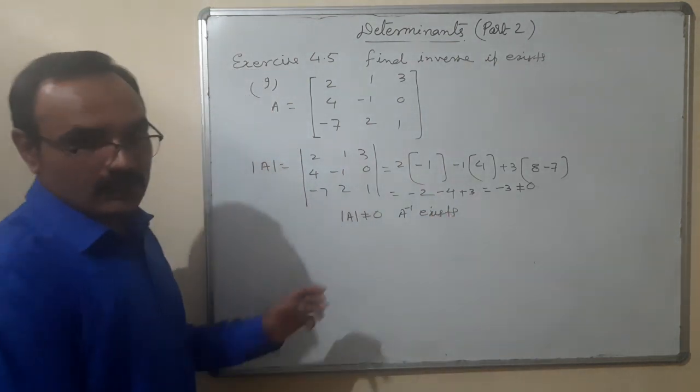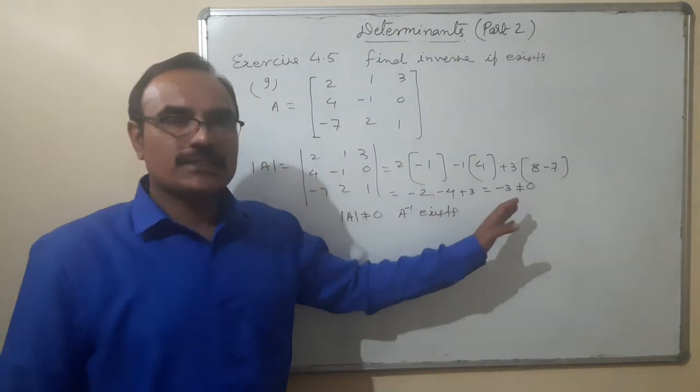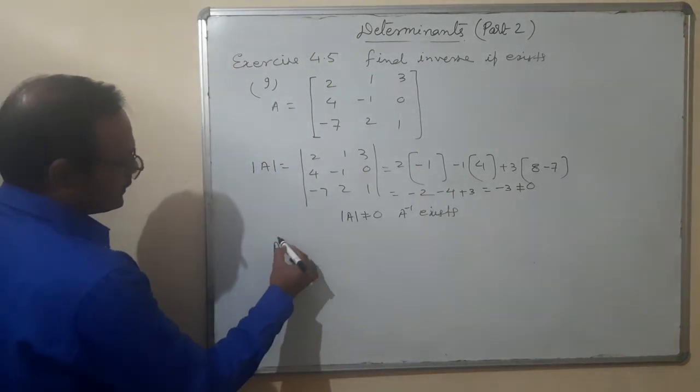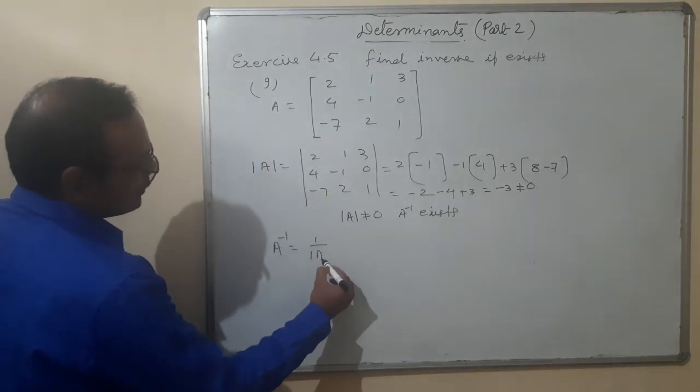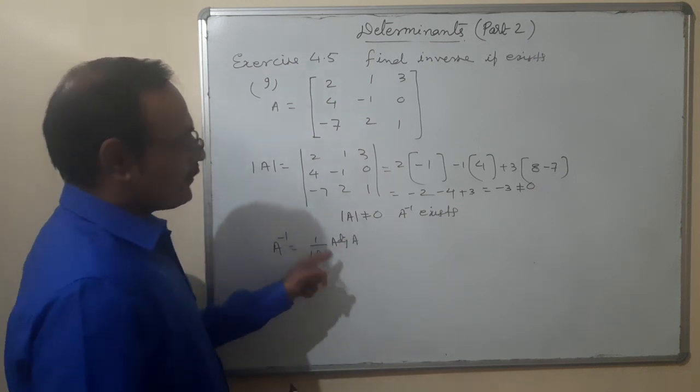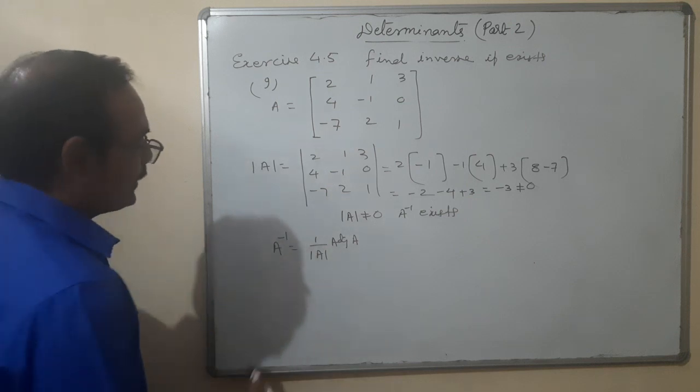Okay, A inverse exists, and now that A inverse exists, we are going to find the inverse of it. The formula is A inverse is equal to 1 upon the determinant of A into the adjoint of A. Now we are finding the adjoint of A and substituting the value here.